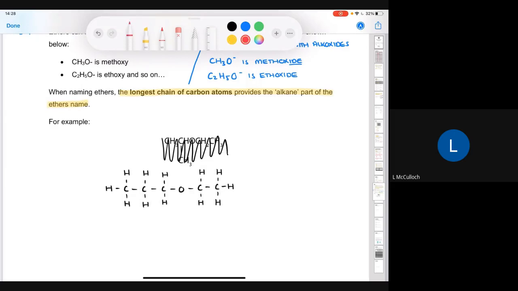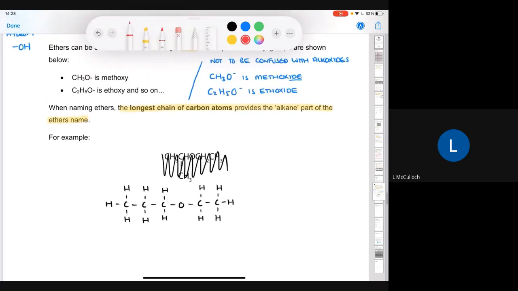So the general name we used to describe all ethers was alkoxyalkanes. So the longest chain of carbon atoms will provide the alkane part of the name.